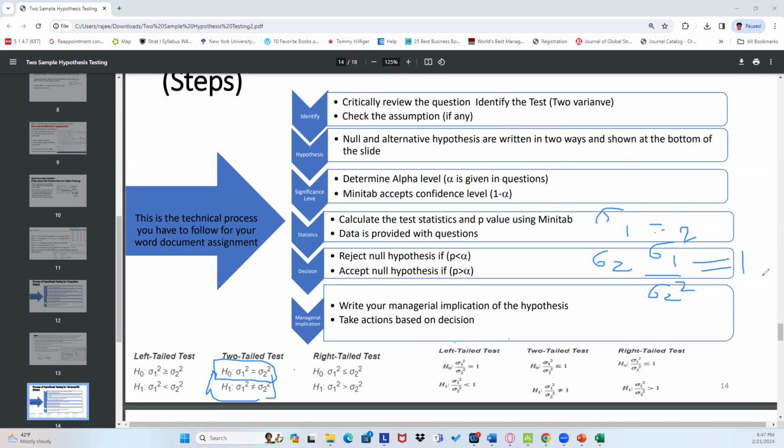Now, less than 1 or more than 1 depends upon which standard deviation or which variance is bigger and which is smaller. You need to figure out which is the right option. So this is simple variance, or the other way you can see it, standard deviation, left tail test.